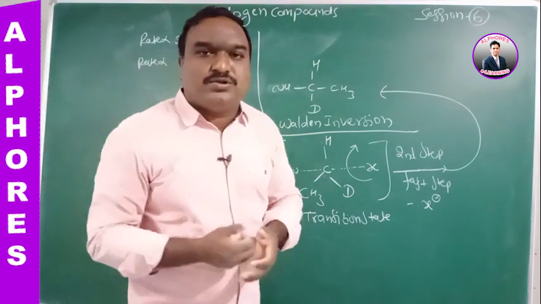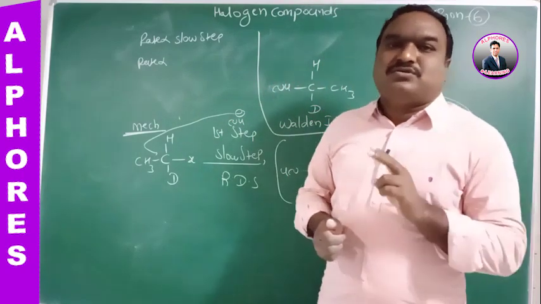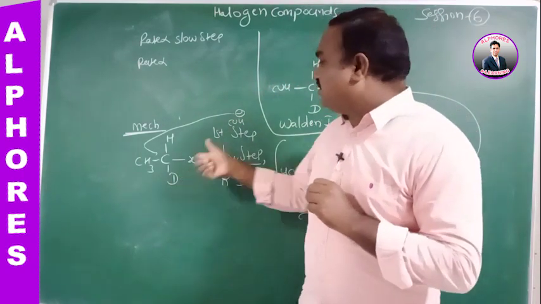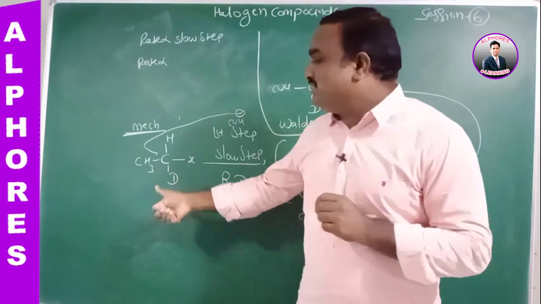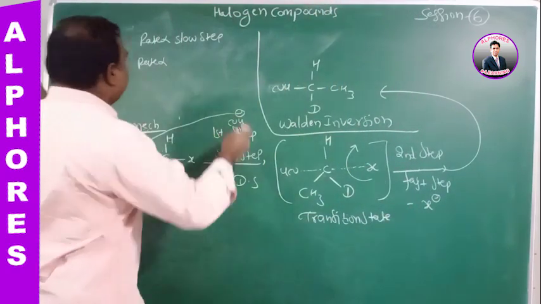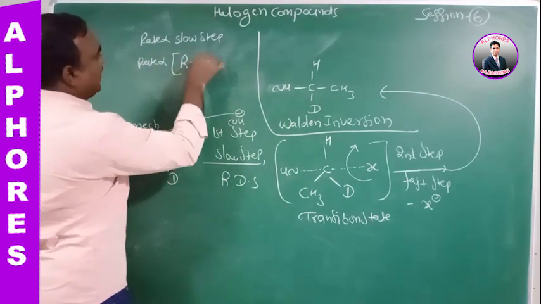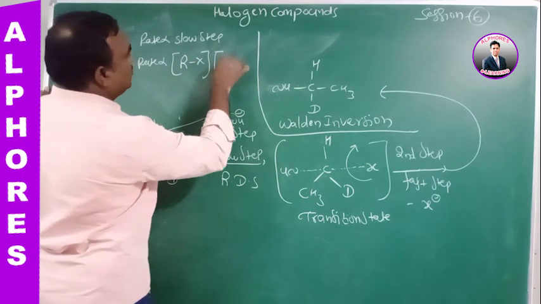In bimolecular nucleophilic reactions, the rate mainly depends on two compounds: one is the substrate, the reactant, and one is the incoming nucleophile. So rate is directly proportional to alkyl halide and incoming nucleophile.